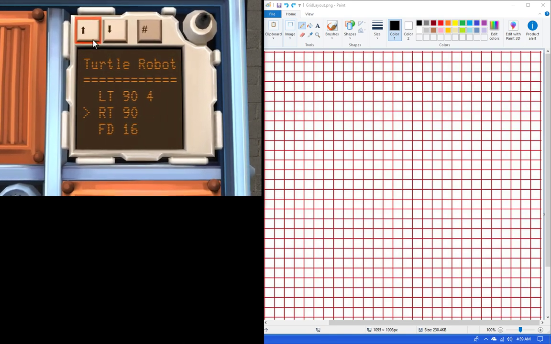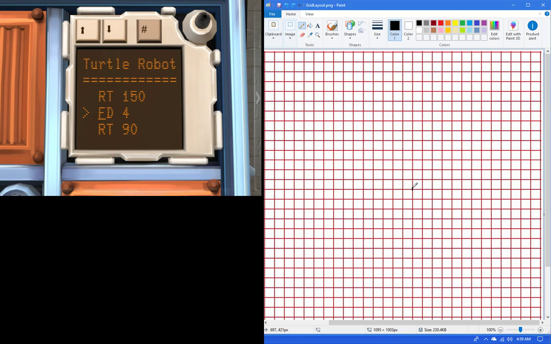So we're just going to do 4. So we're going to start right here with forward 1. Then we're going to rotate 90 degrees clockwise. And then we're going to do an LT 91, so a radius of 1. We're going to end right there.